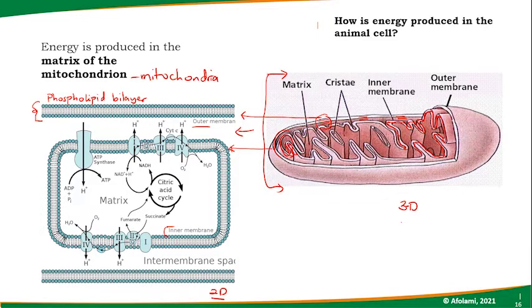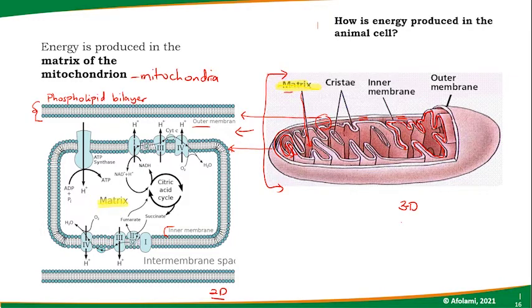And of course, the inner matrix, so what you have there, inside the inner membrane, you have the matrix. And of course, the matrix is the same structure, I beg your pardon, that we have here.